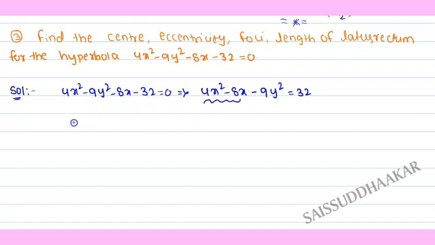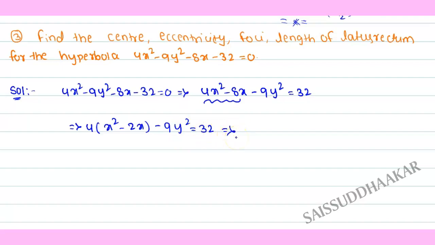This implies x square coefficient is 4, taking out 4 times of x square minus 2 into x. 8x is there, we are taking common 4, so leftover is 2 times. So 4 times of x square minus 2x, minus 9y square is equal to 32.